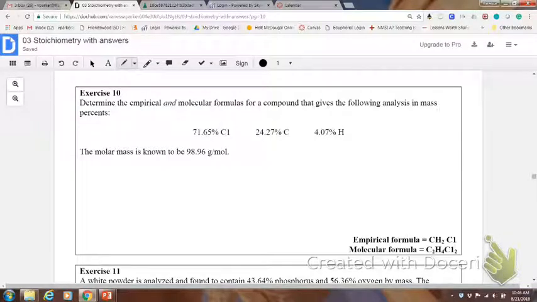And I'm going to pull up a new page on mine because I write way too big to fit in that little space. So I'm going to give myself a whole blank paper here. So remember, if you have a percentage of something, and I have all these percentages, there's something I assume.